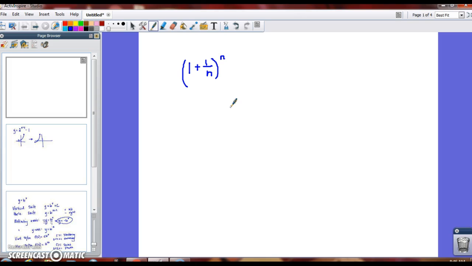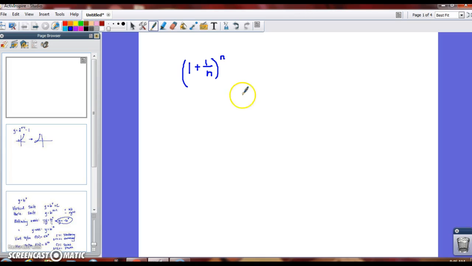But the idea is this: as n gets larger and larger and larger, getting closer and closer to infinity, there's a certain point that this is going to reach. This is not going to go to infinity. Everybody thinks, oh, well, because of that n going to infinity, that this is going to actually go to infinity, which it doesn't.